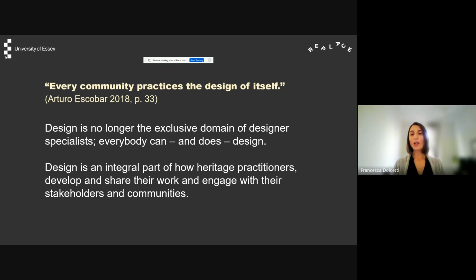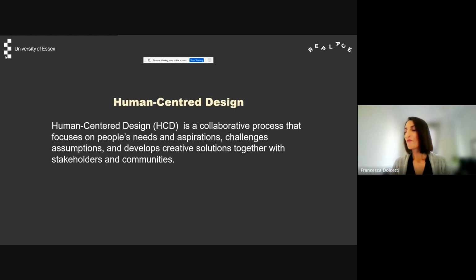My research and my work focus on human-centered design. So what is it? Design research in the past few decades has increasingly evolved toward a more human-centered and participatory approach that puts people at the heart of the design process.